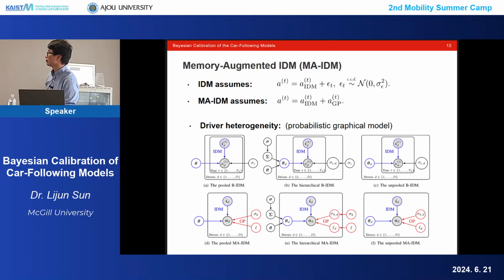And in addition to this formulation, in the Bayesian context, I can also model driver heterogeneity. If you think about each pair of trajectories, maybe for one pair I have the following vehicle as a big truck, or a big bus, or a Tesla.